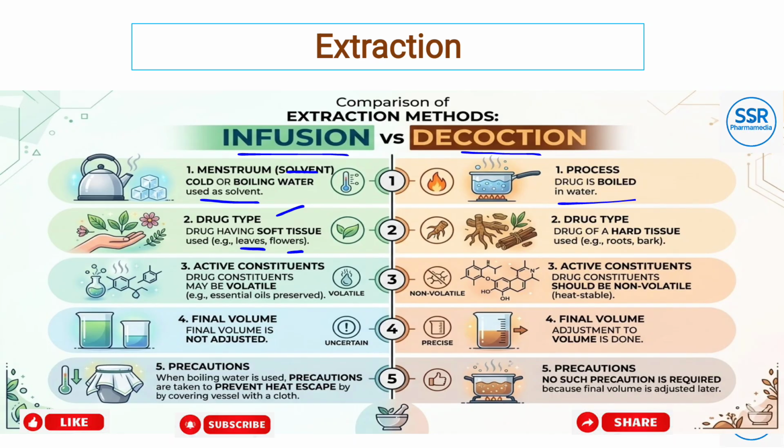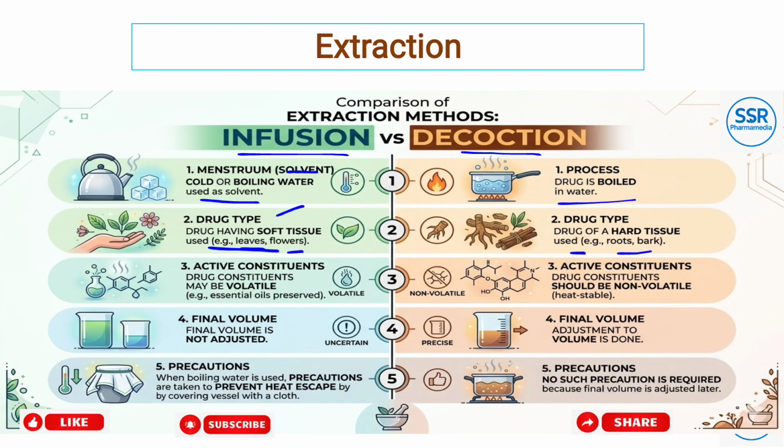For decoction, the drug types are hard tissues and roots like bark. Roots and barks are extracted using the decoction method, but leaves and flowers, and also tea and coffee, are prepared by the infusion method.